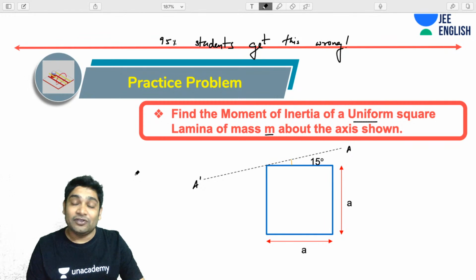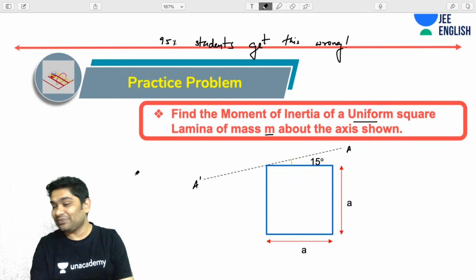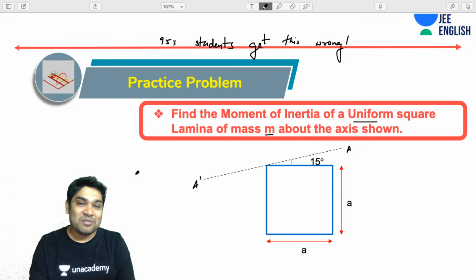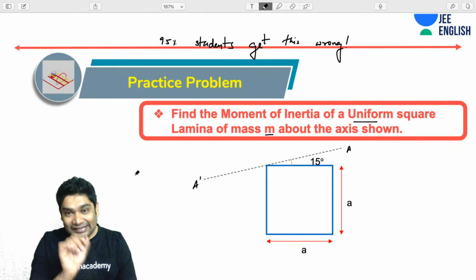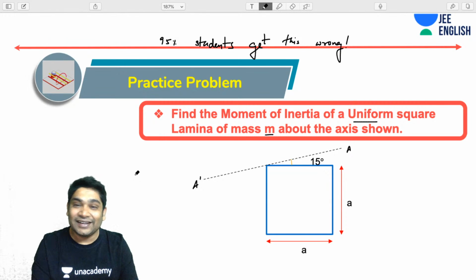See, when you try, you will realize where you're going wrong. If you don't try, if you just see my solution, then trust me, you won't realize where you would have gone wrong. And next time you're doing this on your own, there is one common mistake that you'll make. So it's always better to try it right now, make that mistake and then realize it, because that is when you will never forget about it.